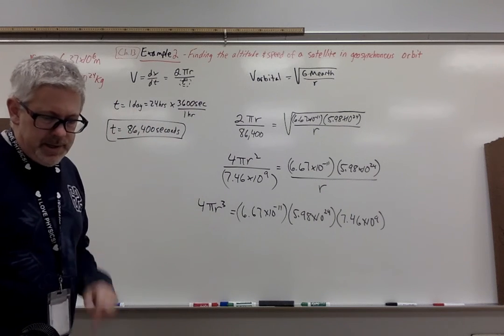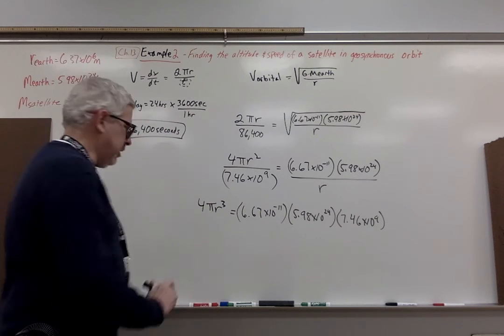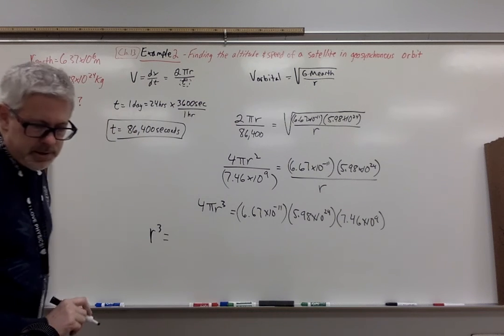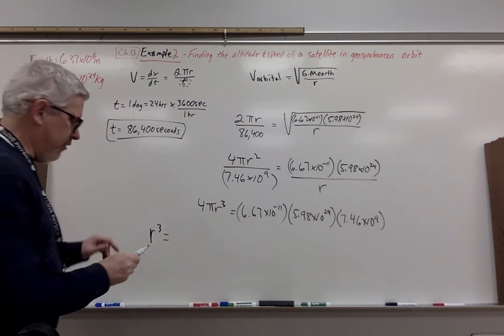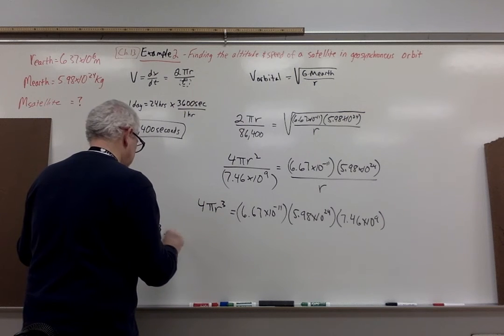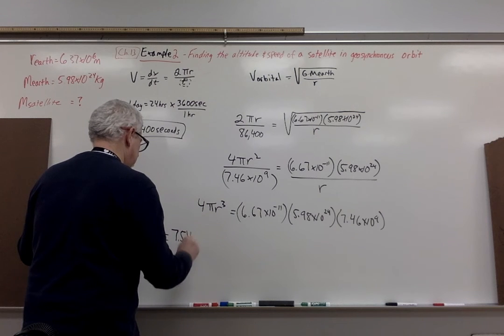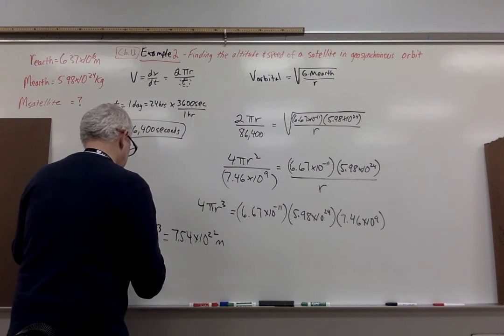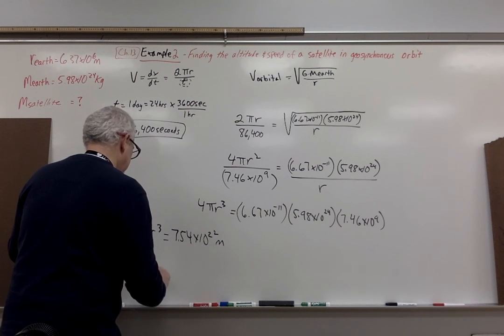And so I can now do some maths, and I can get that r cubed is going to equal 7.54 times 10 to the 22nd. Take the cube root of that.